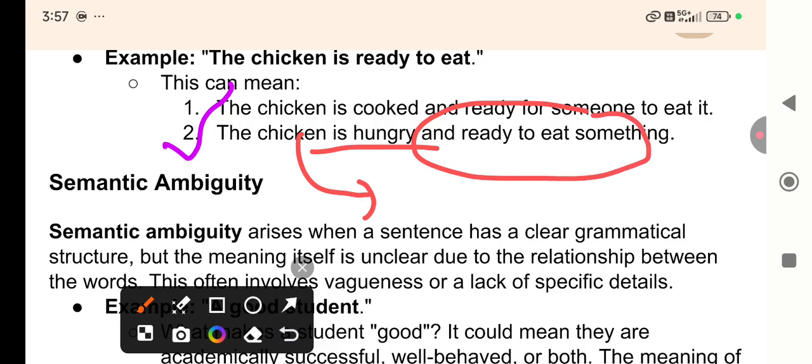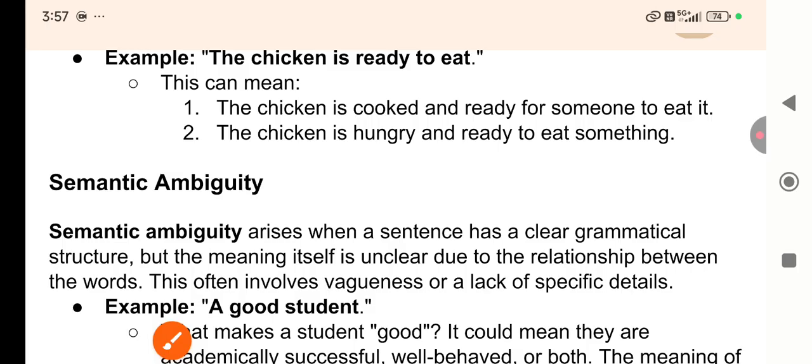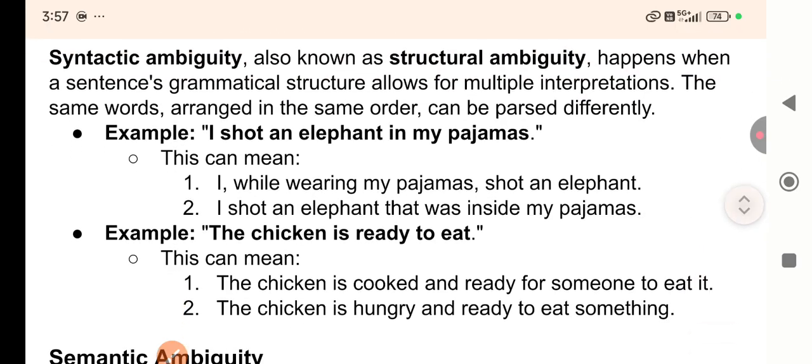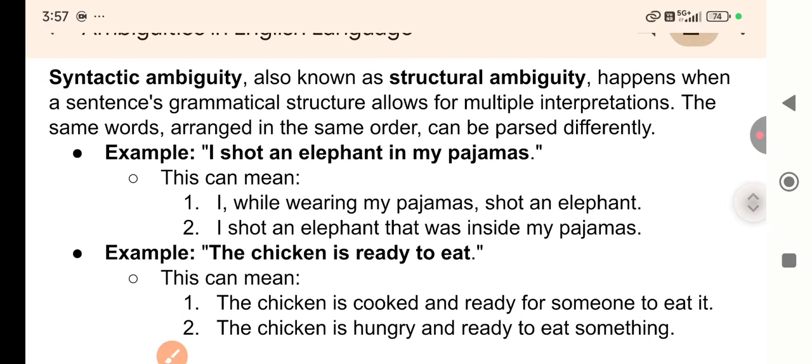So the chicken is hungry and ready to eat, or the chicken is cooked and someone is ready to eat. This ambiguity occurs because of syntactic ambiguity. This is called syntactic because of structure, right?